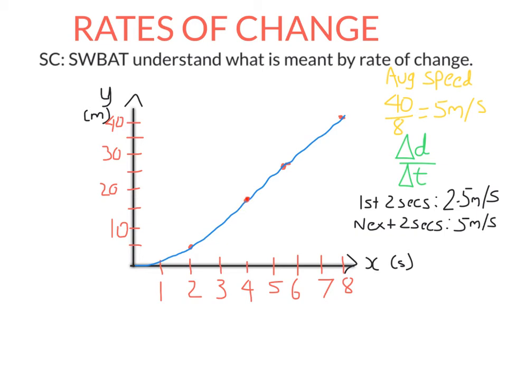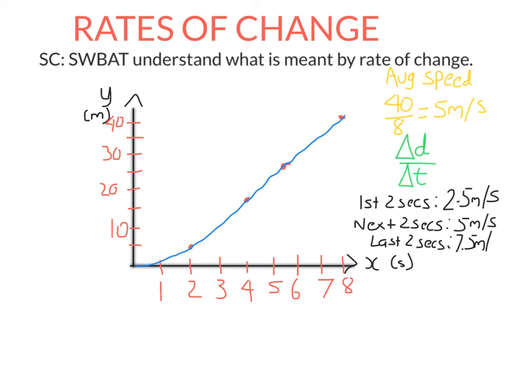Between 4 and 6 seconds, they've again gone another 10 meters in 2 seconds, so that would also be 5 meters per second. And of course, for the last 2 seconds, the person was running faster. Between 6 seconds and 8 seconds, they have gone from 25 meters to 40 meters in 2 seconds, so it's 7.5 meters per second.